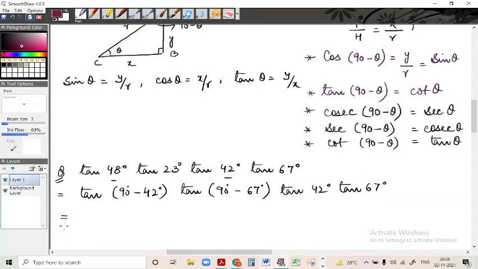Okay, so this is equal to, now here tan (90 minus theta) is cot of theta. So this is equal to cot 42, this will become cot 67, tan 42 as it is, tan 67 as it is.